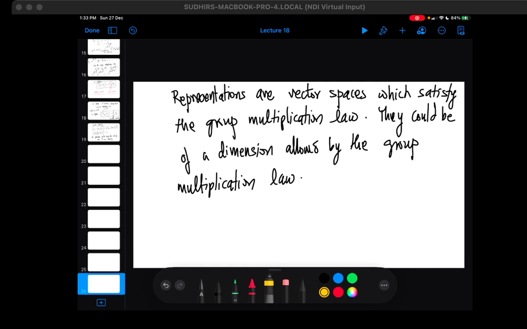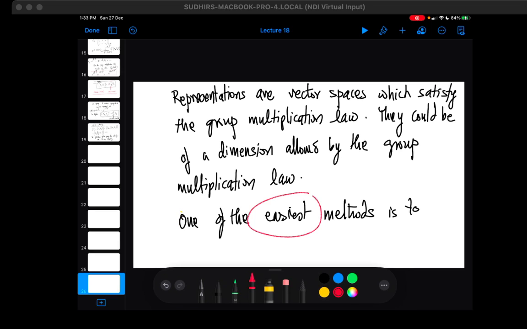One of the easiest methods, let me put 'easiest' in quotes because it's not exactly easy, is to use the angular momentum algebra.